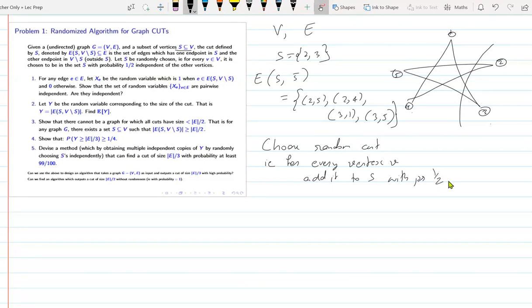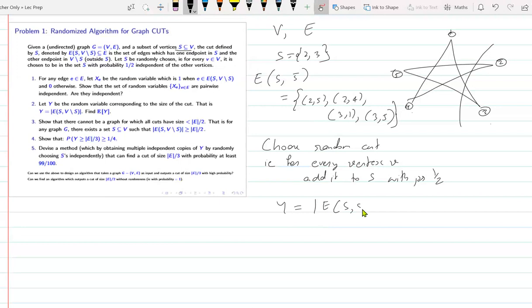For every vertex, it will be added to the set S with probability half, and then look at the cut defined by this. Let's say y is the size of the cut. S is chosen randomly.